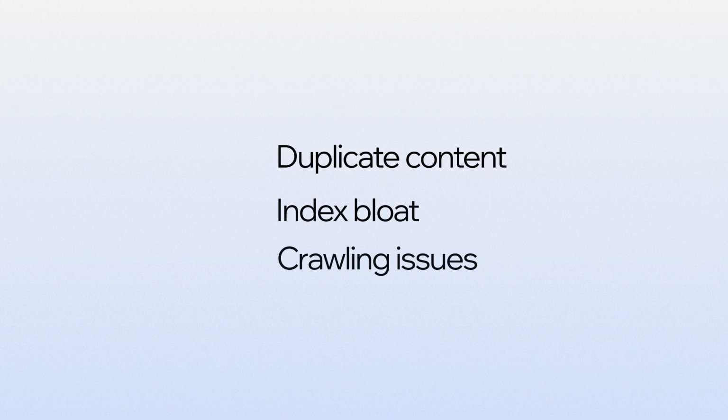For example, faceted navigation can cause problems with duplicate content, index bloat, or problems crawling the website. This issue is common on websites selling clothes, and it's the type of thing that your report can illuminate for an e-commerce client by taking all of the relevant information, bringing it together, and making it easy for the client to understand.